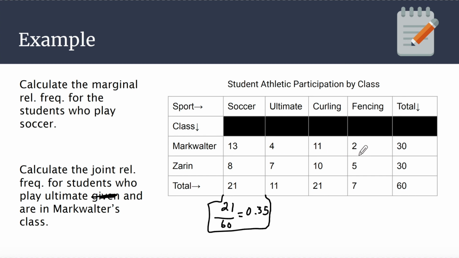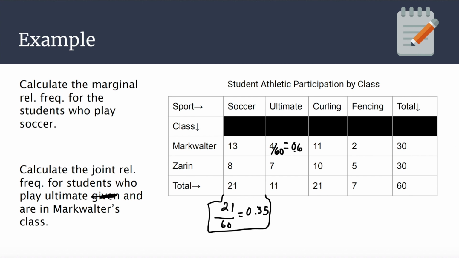So the students who are Ultimate players and in Markwalter's class, looks like it's 4. So if we do 4 out of the total, which is 60 students, that'll give us 4/60ths, or as a decimal, 0.067.